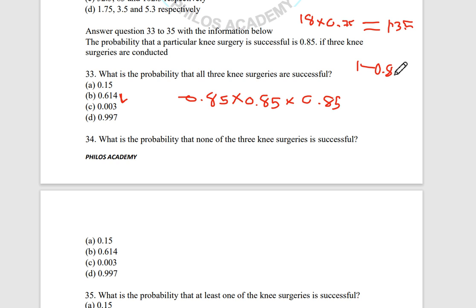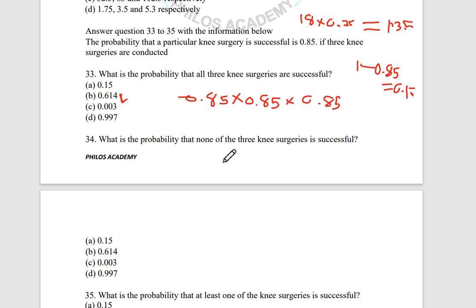The probability of failure is equal to 1 minus probability of success. So the probability that one is not successful should be 1 minus the probability that one is successful, which is 0.15. 0.15, right? And question 34 is asking us what's the probability that none of the 3 surgeries is successful?